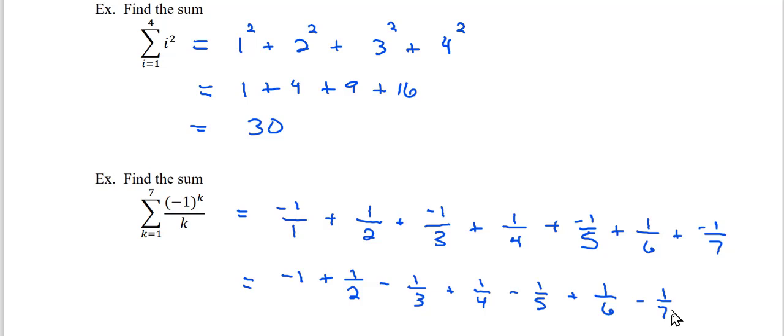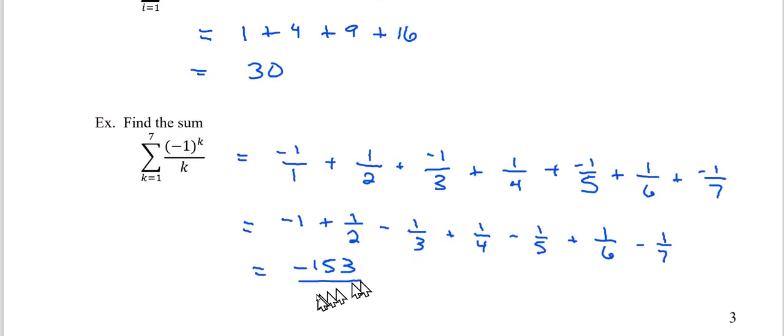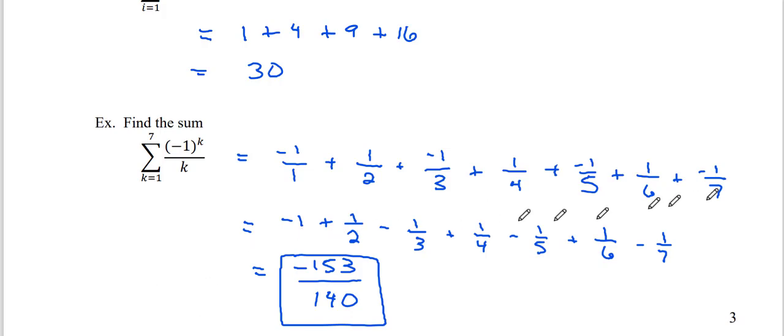There we go. Negative 153 over 140. Nice round number. Okay. That's how we use our summation notation.